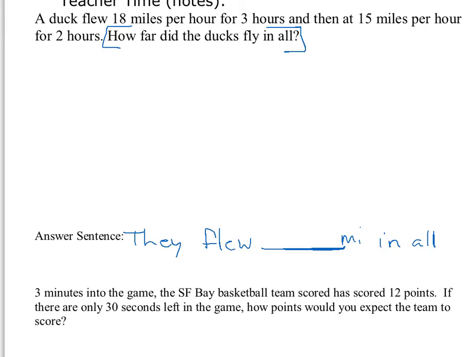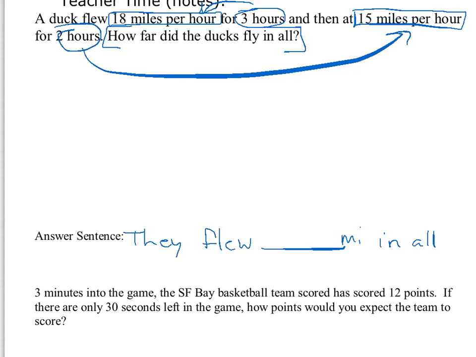Right, so I have two rates here in this problem as I read it. 18 miles per hour and 15 miles per hour. And I see linked to each one of those rates is a situation. 18 miles per hour for 3 hours and 15 miles per hour for 2 hours.